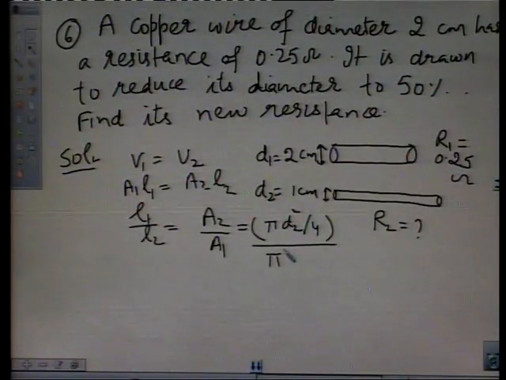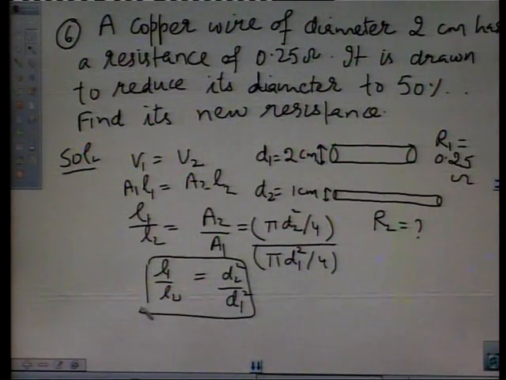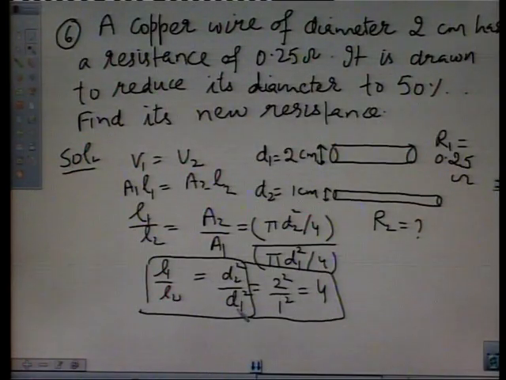This is the new area of cross section, pi d2 square upon 4, and the old one is pi d1 square upon 4. So it is equal to d2 square upon d1 square. This comes out to be 2 square upon 1 square, which is equal to 4. So the ratio of the lengths L1 upon L2 is equal to 4.